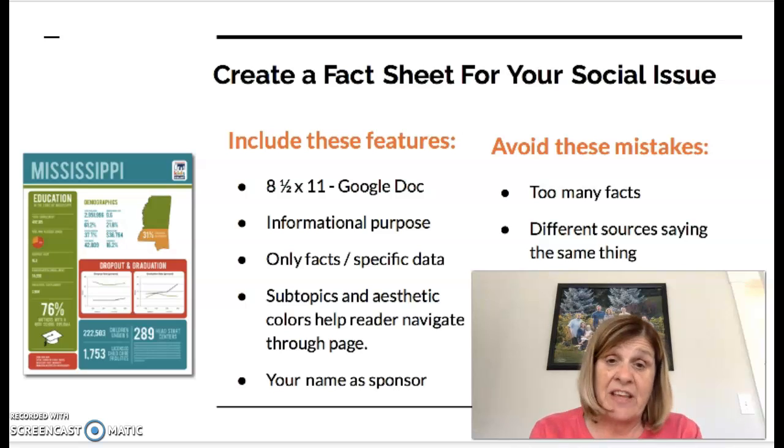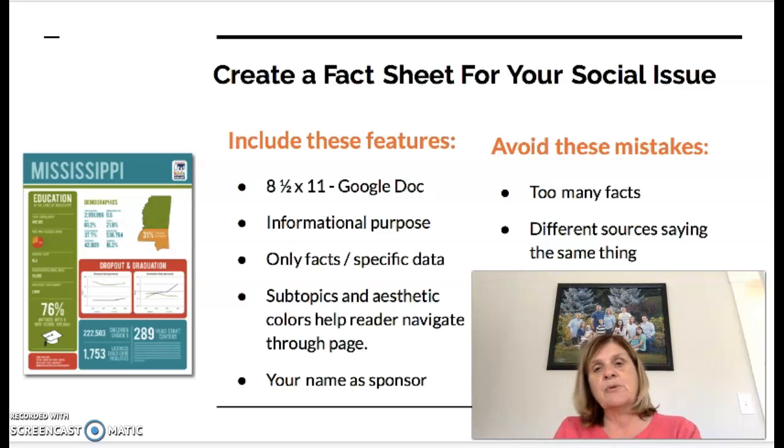This is going to be a lot of things, but you're going to compile it into one 8.5 by 11 Google Docs paper. And what I'm looking for with the fact sheet, and I'll show you some examples in just a second, is whether or not the information is informational, that everything on the fact sheet is a fact, there's no interpretation, and that you use subtopics and bullets and color to help the reader navigate through it.